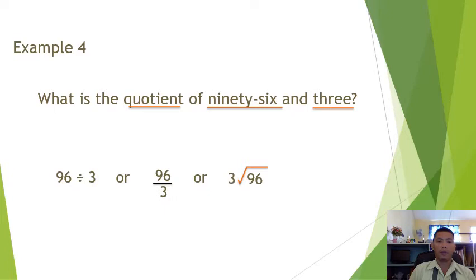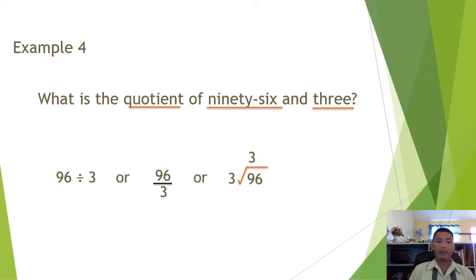So again, don't be confused. In 96 over 3, the numerator is 96. So the divisor is 96. The denominator is 3. So the dividend is 3. Don't be confused. So let's divide 96 by 3.